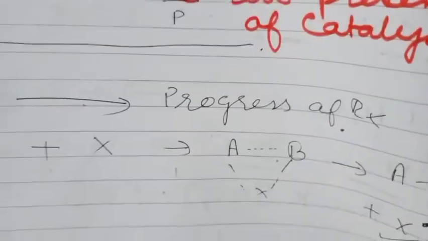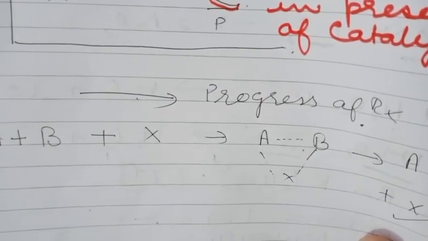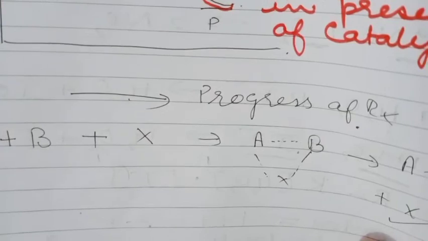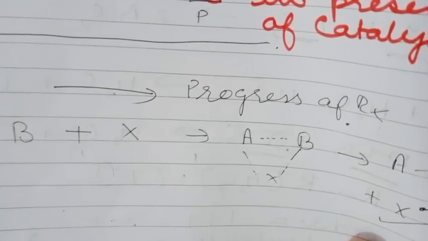So we can conclude that catalyst in this case alters the rate of reaction by lowering the activation energy. Thank you very much.